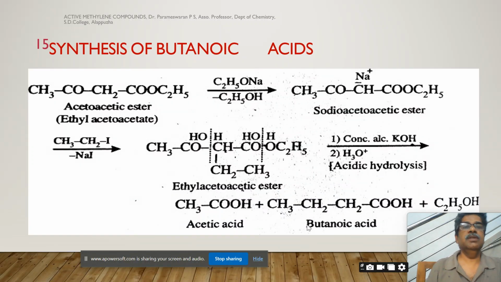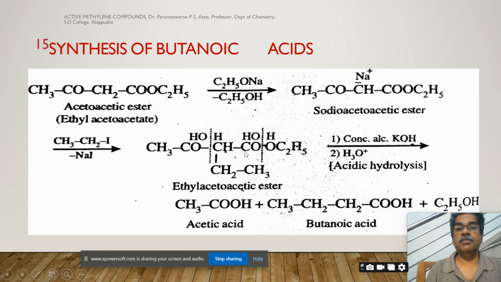The next one is the synthesis of butanoic acid, which is very easy. Only thing is that we have to see here in the middle part we already have two carbons.